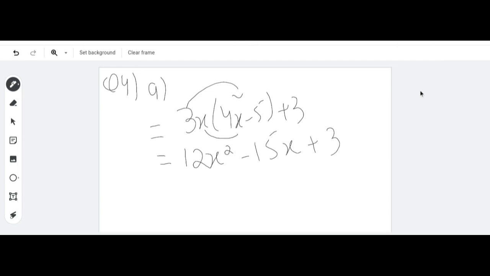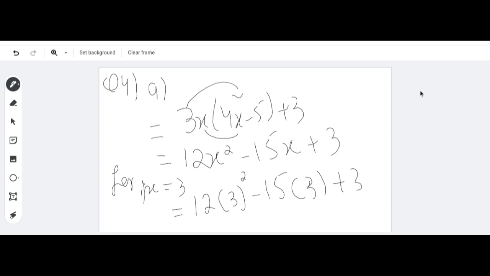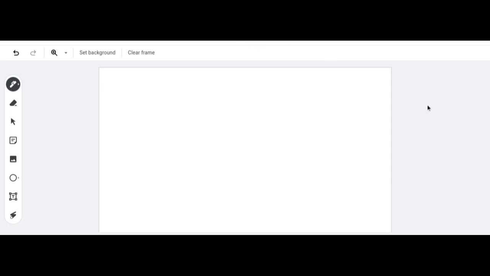Now I have to solve this expression for x. First situation in which x is equal to 3. Where x is located, I just have to put the 3 there. So it's 12 into 3, but with the square, right? With the square. Yes. And 15 with 3 here, plus 3. Now 3 square means I have to multiply 3 two times. So 12, 3 threes are 9.